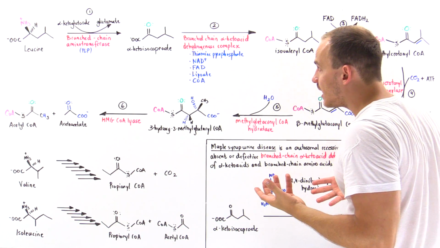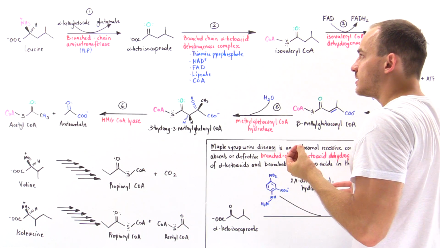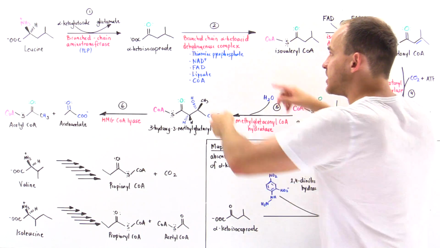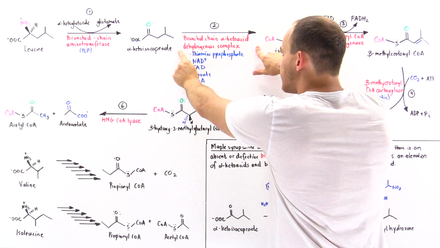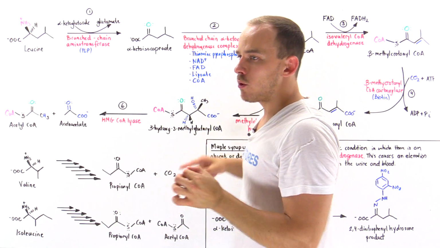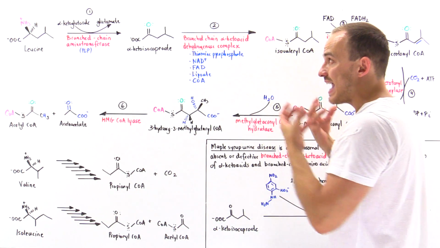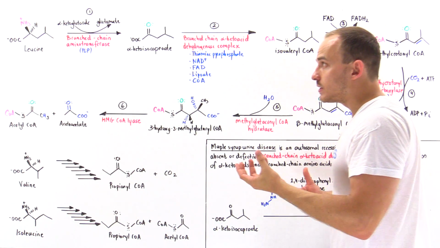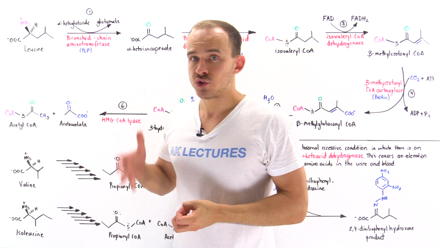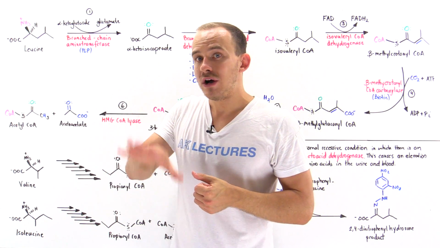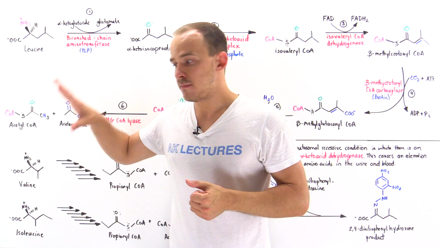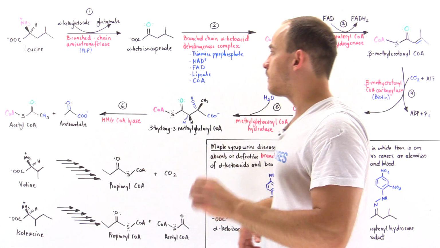And that's because there's either an absence or some type of deficiency of this enzyme here. So this is an autosomal recessive disease. And what that means is, for a person to have this disease, they have to inherit 2 defective genes. So one defective gene comes from the male parent, and one comes from the female parent.